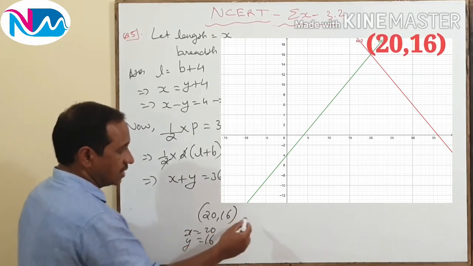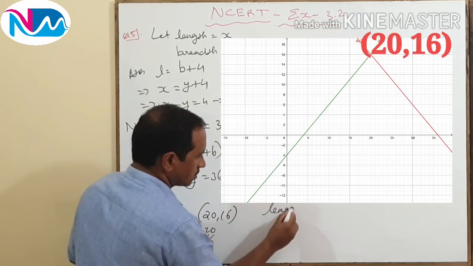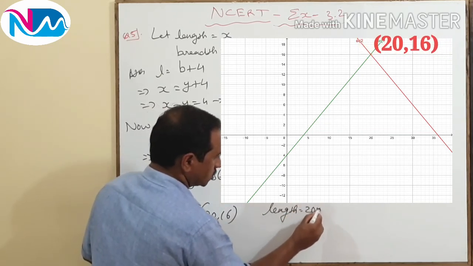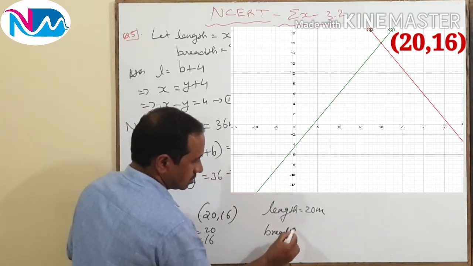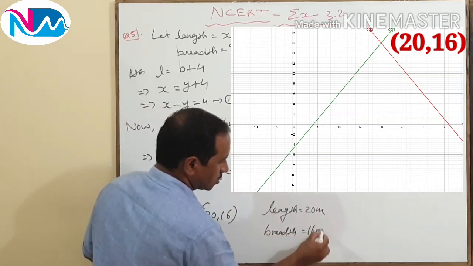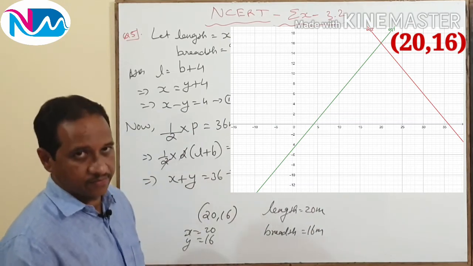That is, length is equal to 20 meter and breadth is equal to 16 meter.